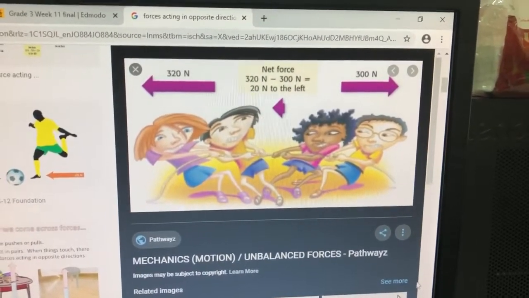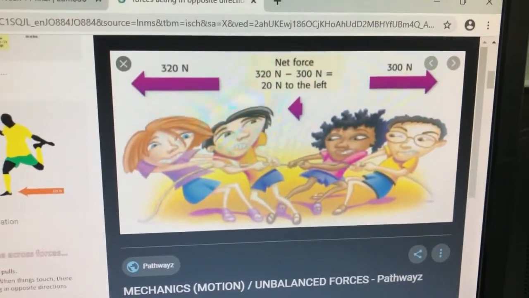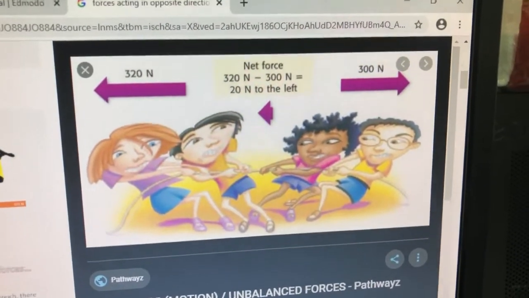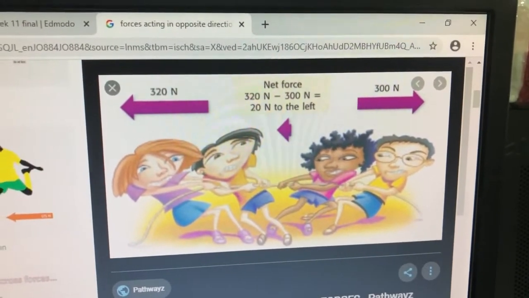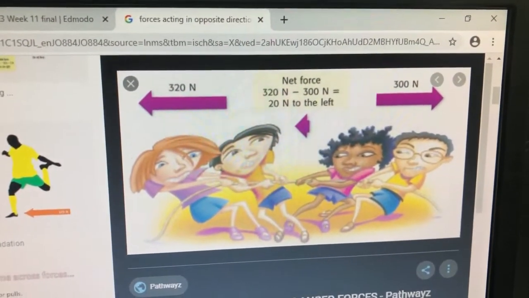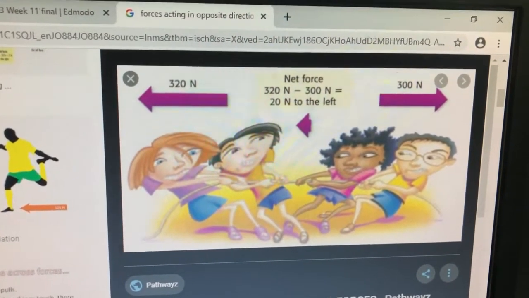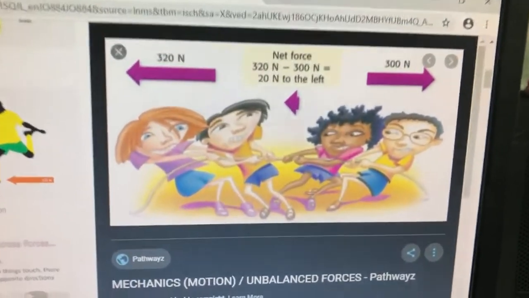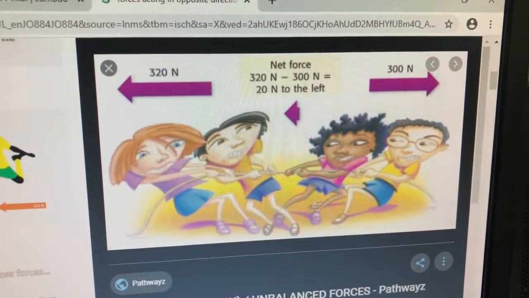Now, we also need to determine the direction. How can we do that? By seeing which one has more force. The one going on the left has 320 Newton, and the one going on the right has 300 Newton. So the direction will definitely go to the left because 320 is more than 300. So now we know the direction, which is left. So what we do is we subtract 320 minus 300, which equals 20 Newton.